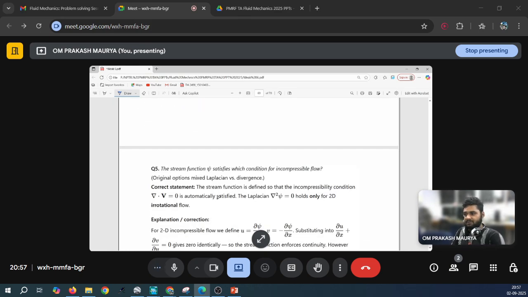So the correct statement is that the stream function is defined so that the incompressibility condition is automatically satisfied. When we define the stream function, the incompressibility condition is automatically satisfied. And the Laplacian del square psi equal to 0 holds only for 2D irrotational flow.